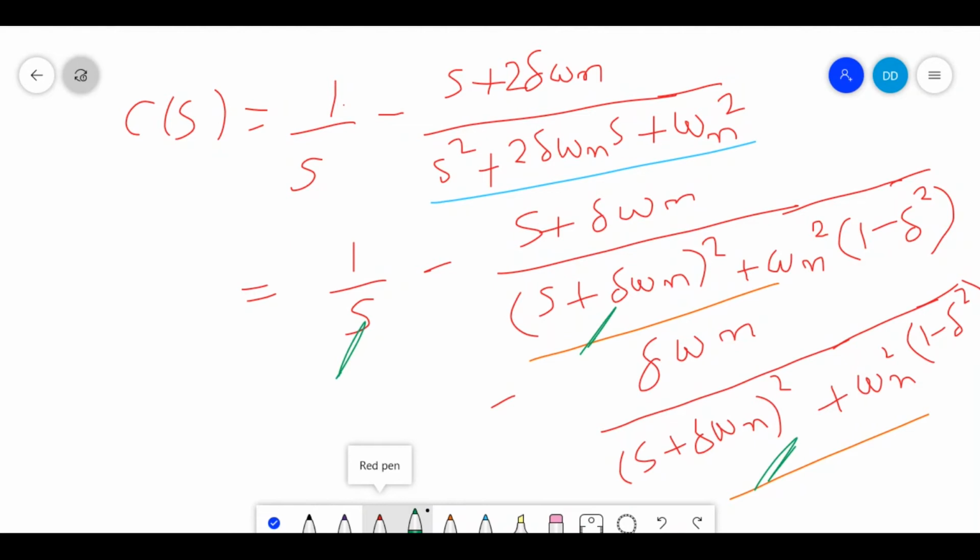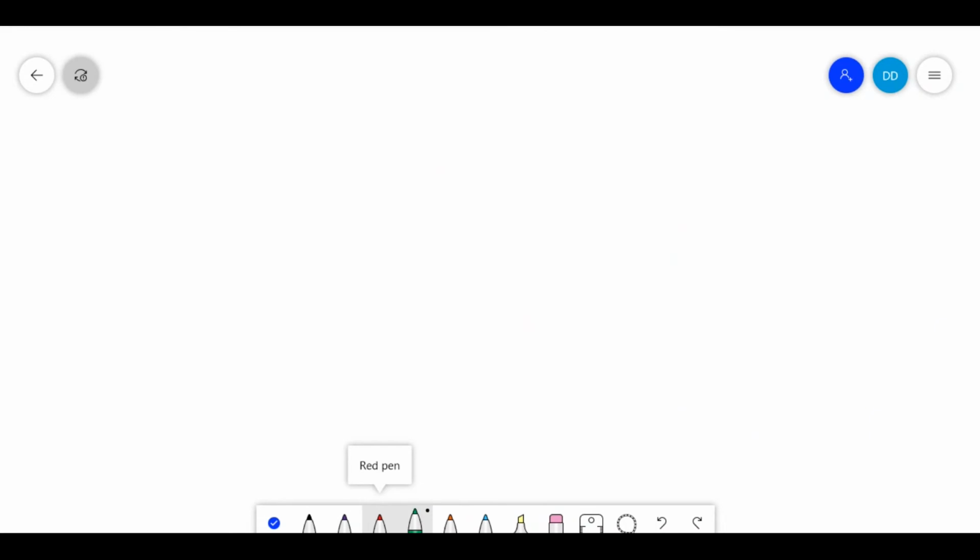Now we go for applying the inverse Laplace.